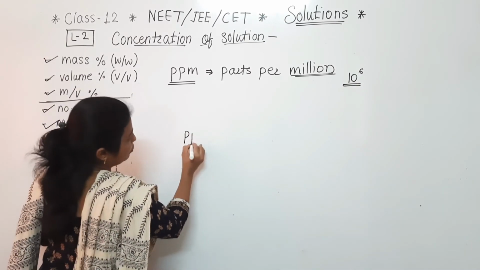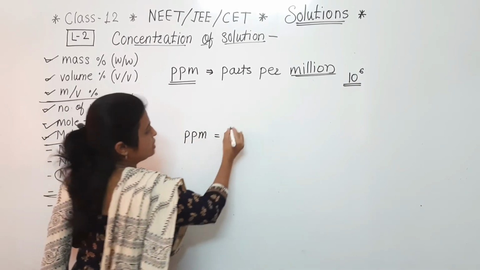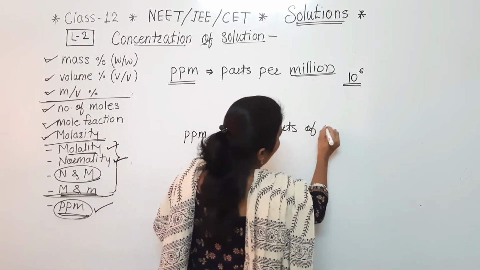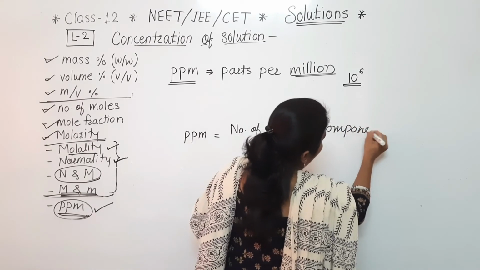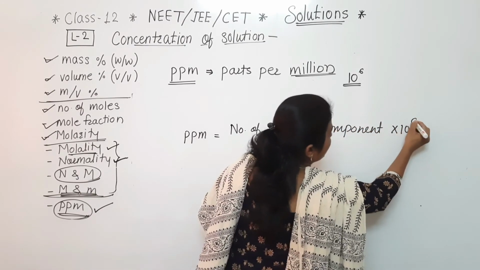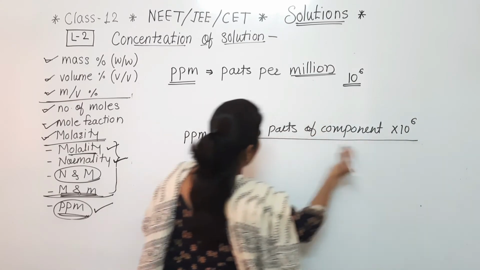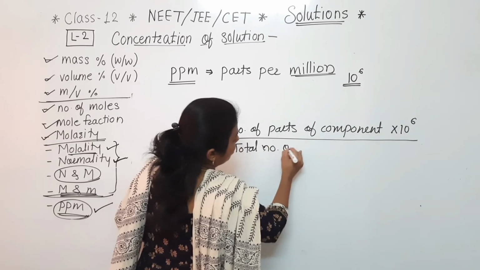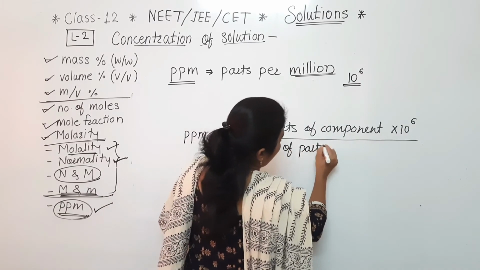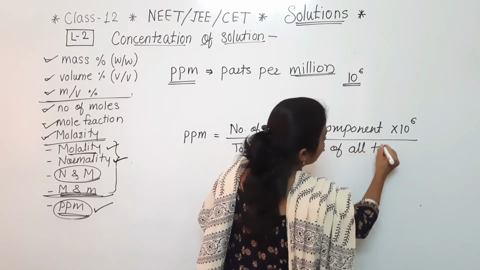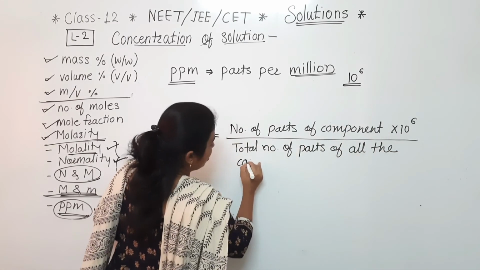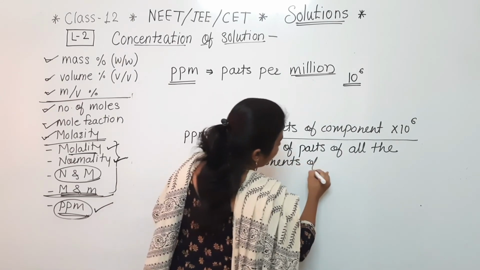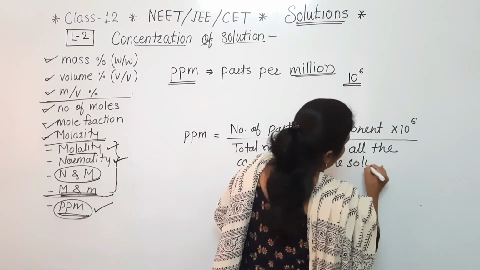Now what is the formula for the ppm? ppm is the number of parts of component into 10 raised to 6 divided by total number of parts of all the components of the solution.